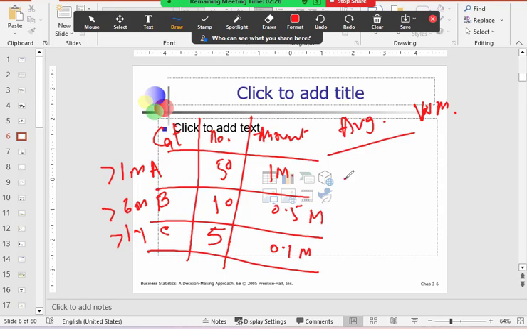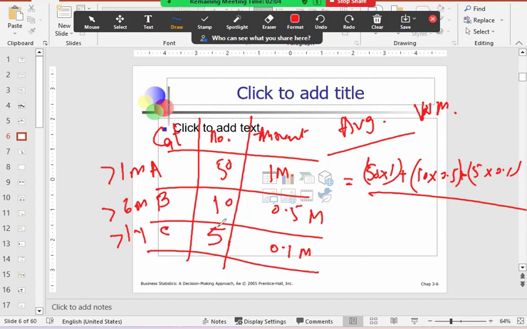So the formula is 50 into 1, weight into the value, plus 10 into 0.5 plus 5 into 0.1. I will add brackets so that they will be solved first, and divided by total weights. So 50 plus 10 plus 5, that is 65.